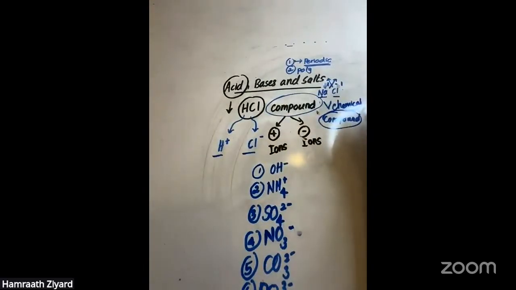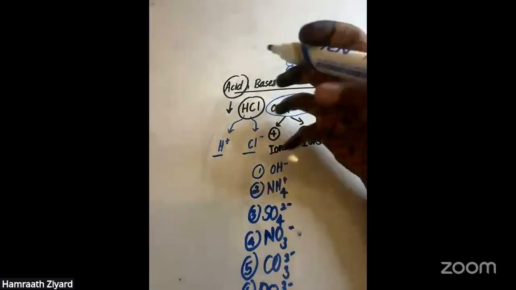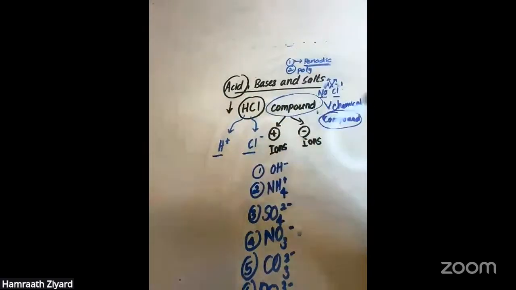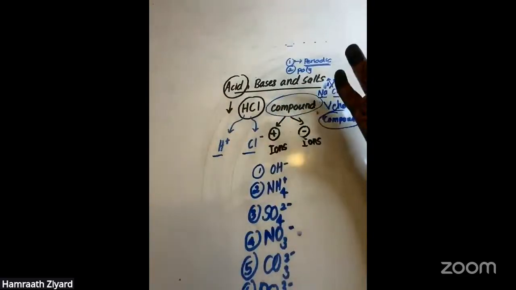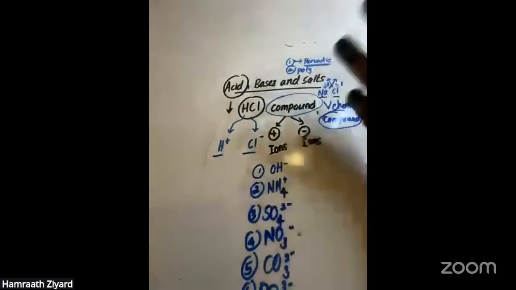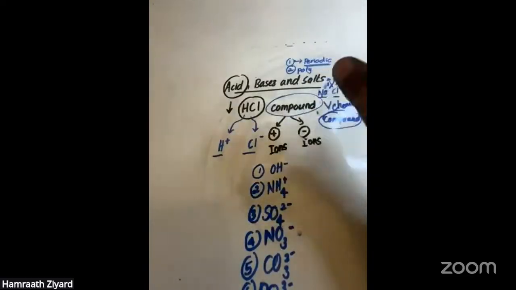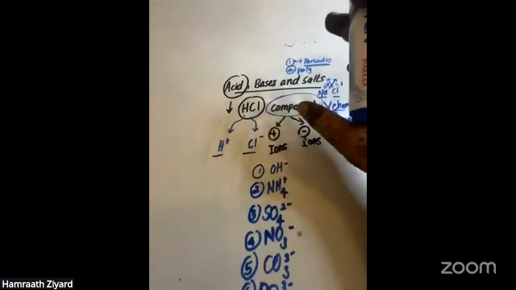Same like that, here we will be learning lots of acid compounds, base compounds, salt compounds. We will be learning about compounds, and we have to know what elements are involved in a compound. That's the main reason we have to study the polyatomic ions.